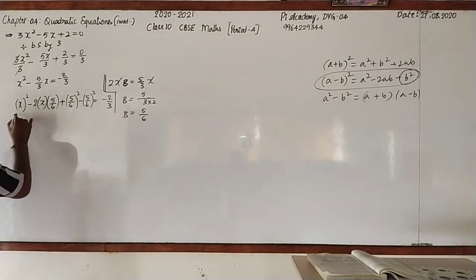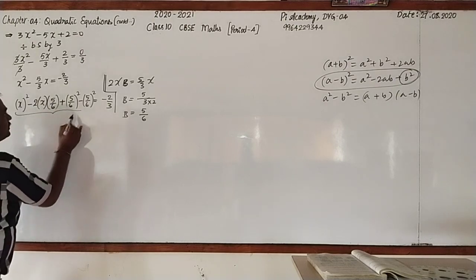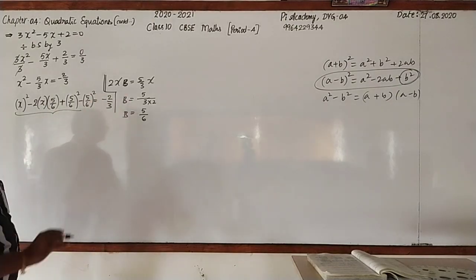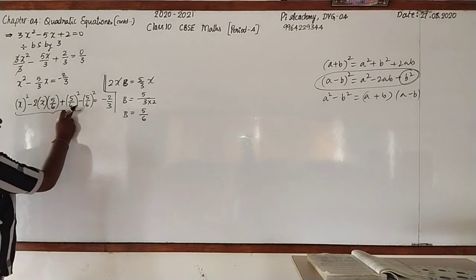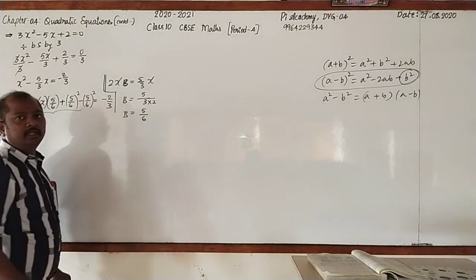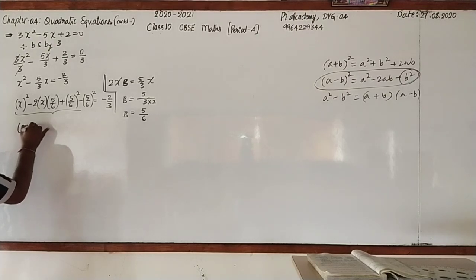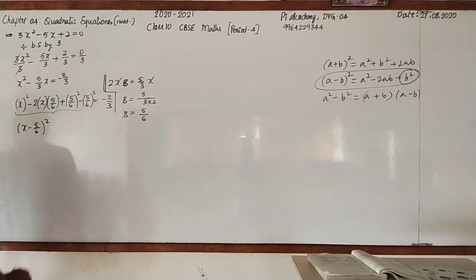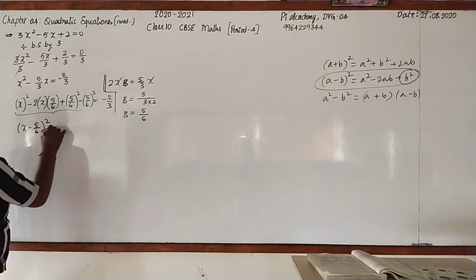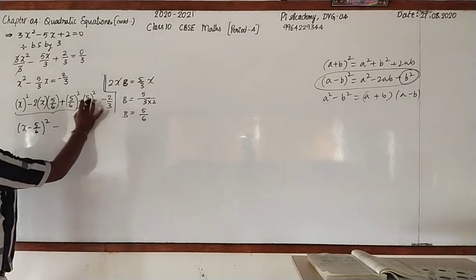Next, observe. We have these three terms in the form of a square minus 2ab plus b square, that is equal to a minus b whole square. This can be written as x minus 5 by 6 whole square. Then minus, this term should be kept as it is.